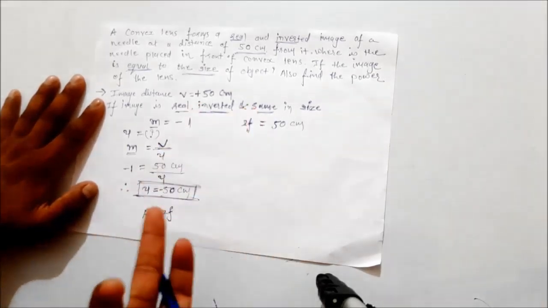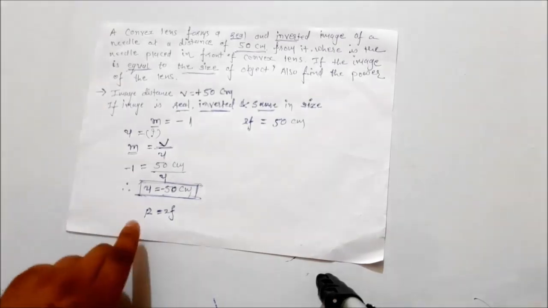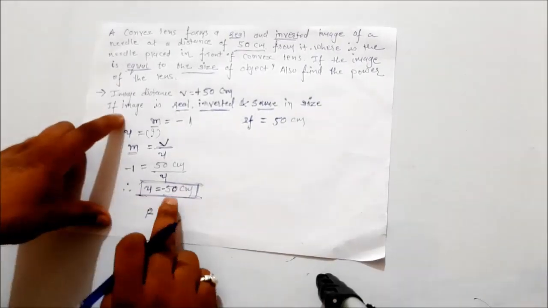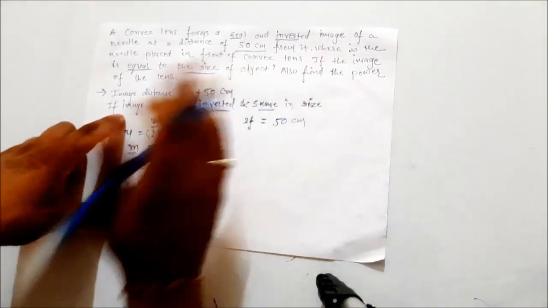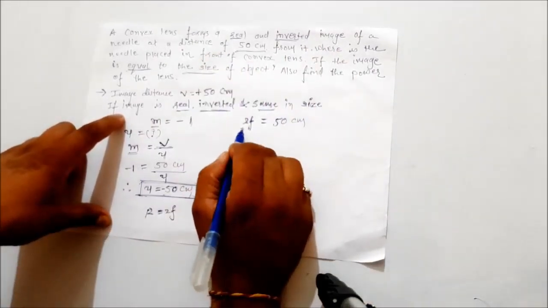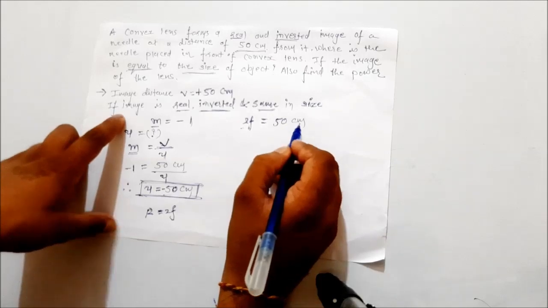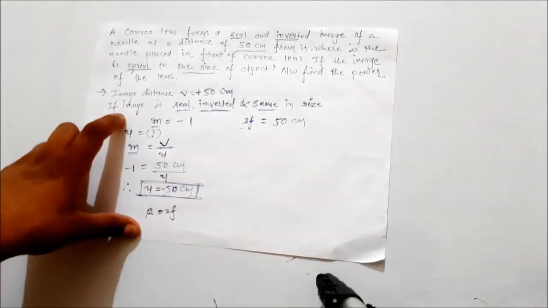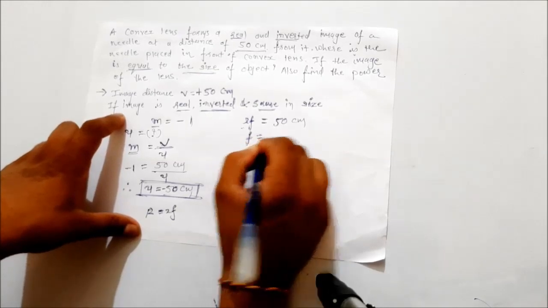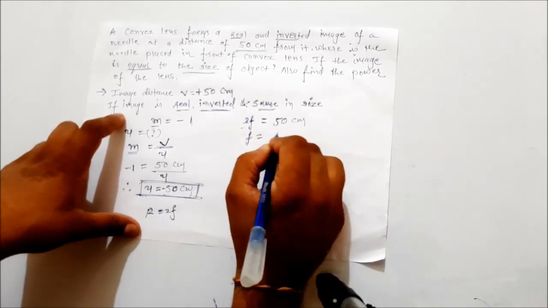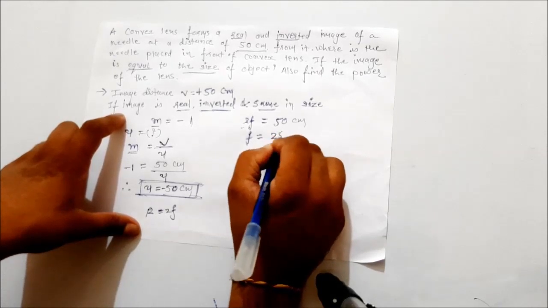So if the object is placed at 50 centimeter, then we will get the image at 50 centimeter, same in size. So the distance twice f is equal to 50 centimeter. So what will be value of f? F will be equal to 50 divided by 2, 25 centimeter.